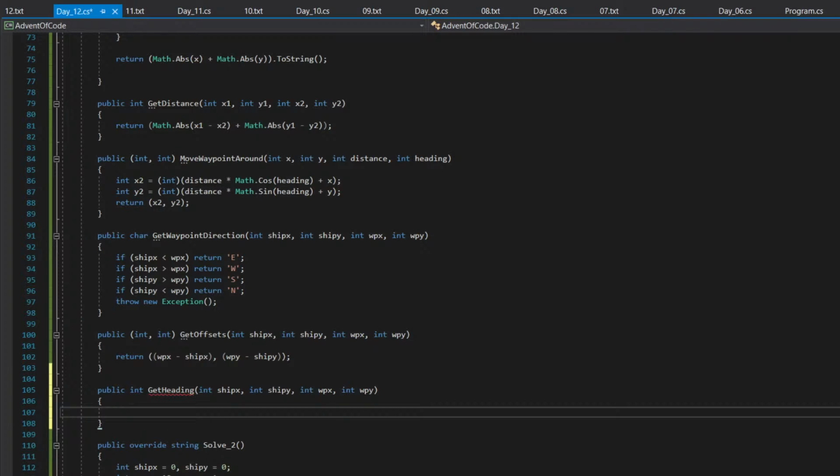ATAN? So we want the difference between the ship and the waypoint.